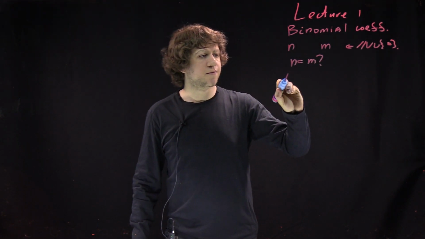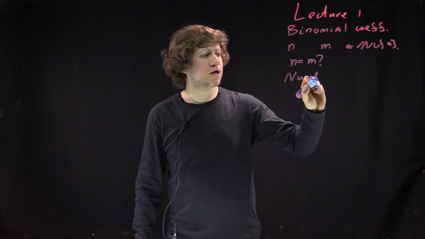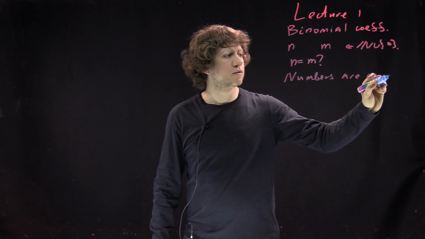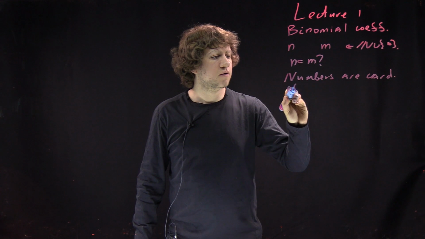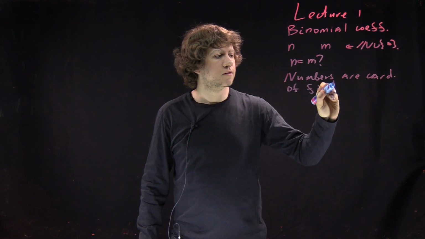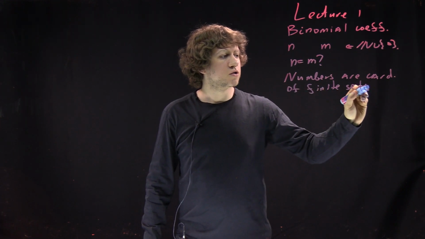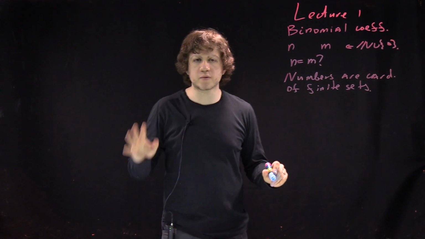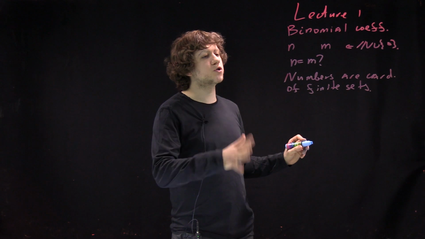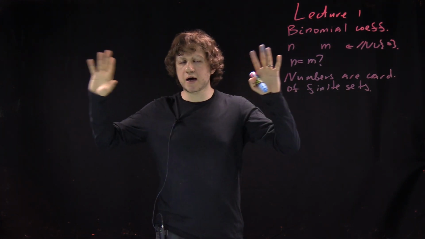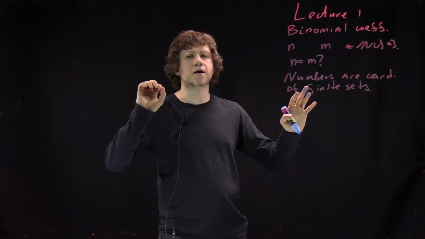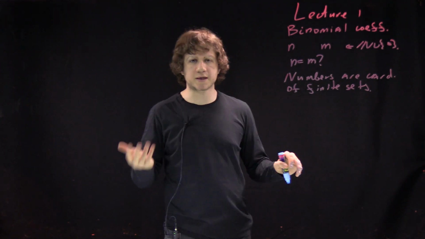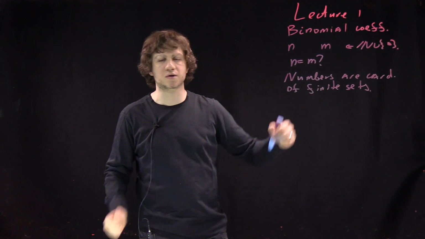So let me just emphasize this kind of philosophical idea. So numbers are cardinalities of finite sets. So every finite set has a cardinality, and very formally speaking, one should say probably that if you have all finite sets, then some sets are in bijection with each other. This gives some equivalence relation between finite sets, and classes of equivalence are called numbers.